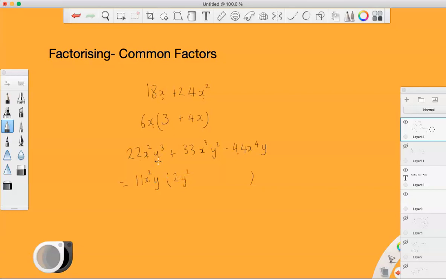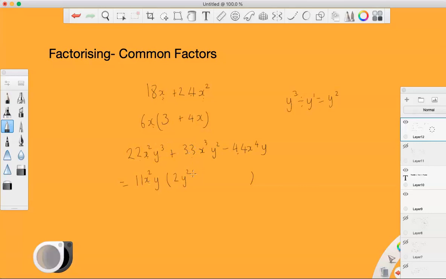Remember, we're using our rules of indices. Just to remind you, y cubed divided by y is y squared, because 3 take away 1 is 2. That's why we were doing all that stuff with indices and highest common factors. This is where we're using it.